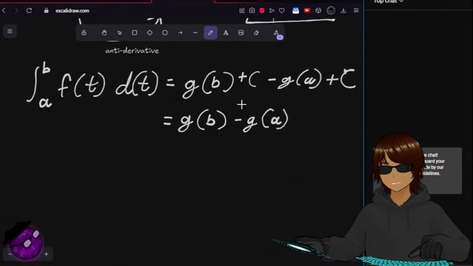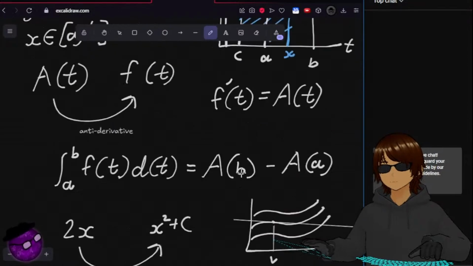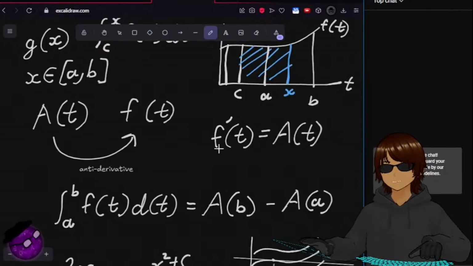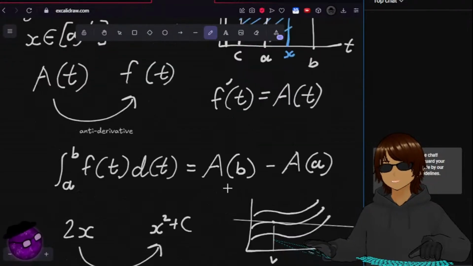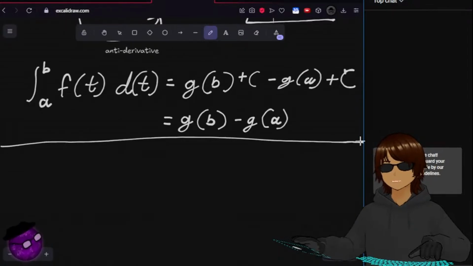And that gives us this, which we know is the area between a and b. So we don't have to know the original lower bound; simply taking the antiderivative would work. And that is the second fundamental theorem of calculus.